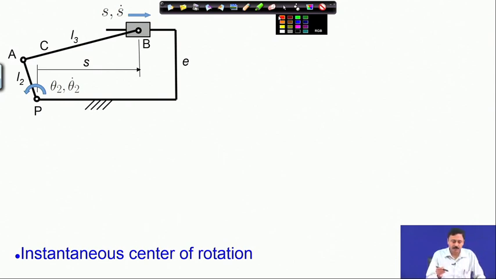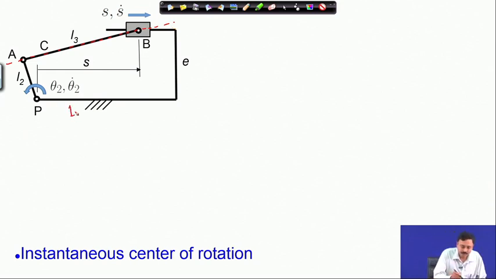The instantaneous center of rotation that I will use for this analysis is I 2 4. Let me mark out, this is 1, this is 2, this is 3, and the slider is link 4. I want to find I24.